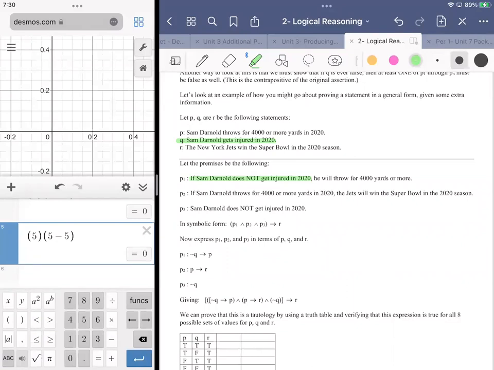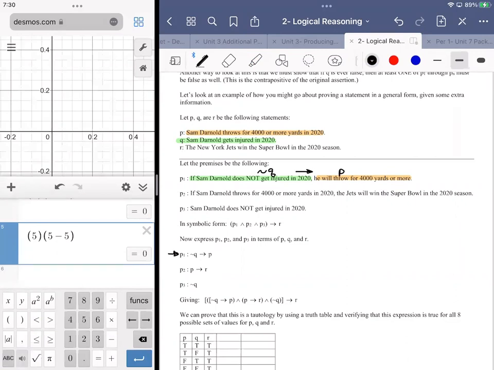So that's the P statement. So we're saying here that he did not get injured, so that's not Q. But we are saying that he'll throw for 4,000 yards, that's P. So since it's conditional, it's a sideways arrow, that's where this first sentence is coming from. Right?